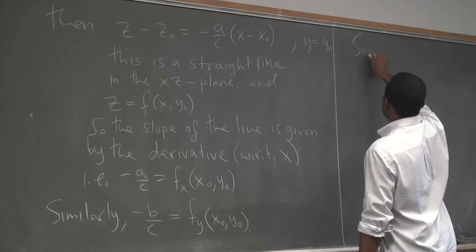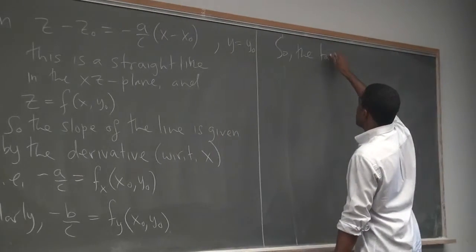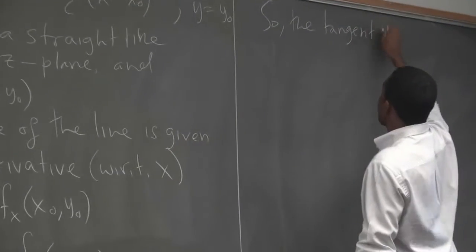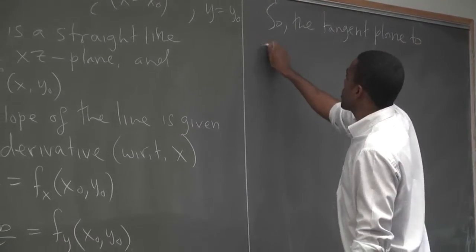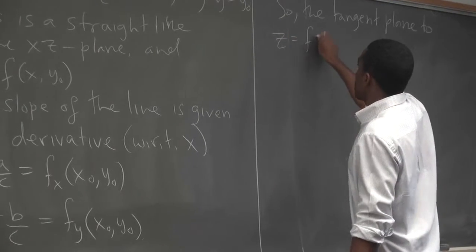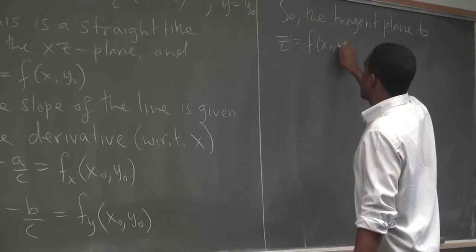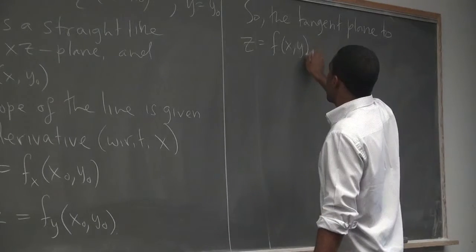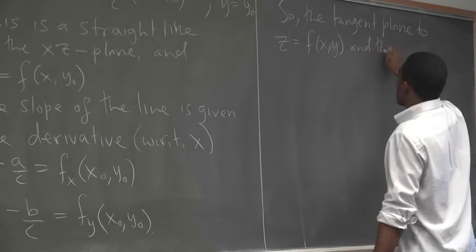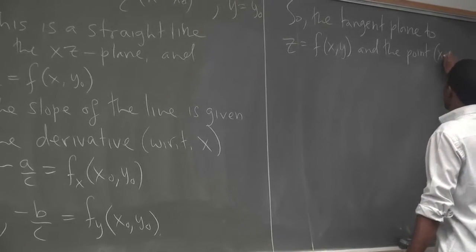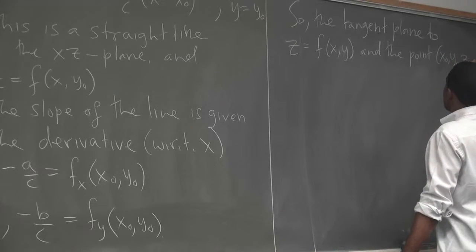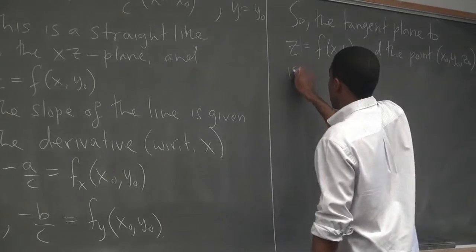So the tangent plane to z equals f of x, y at the point x naught, y naught, z naught is given by the formula.